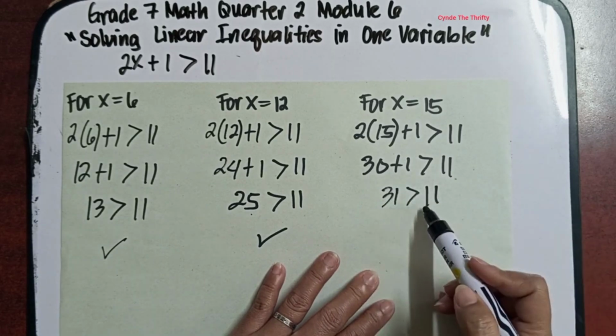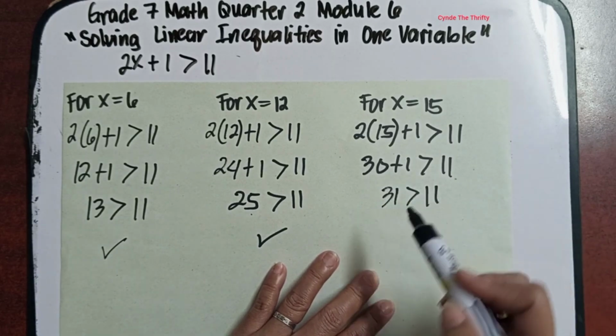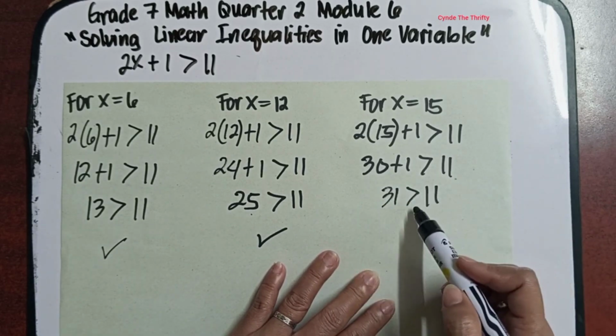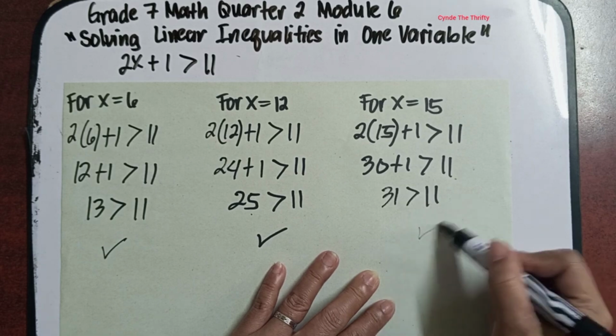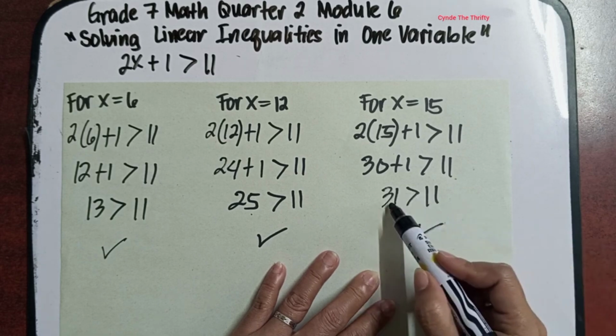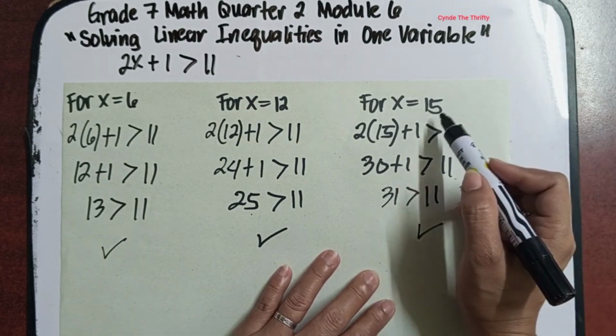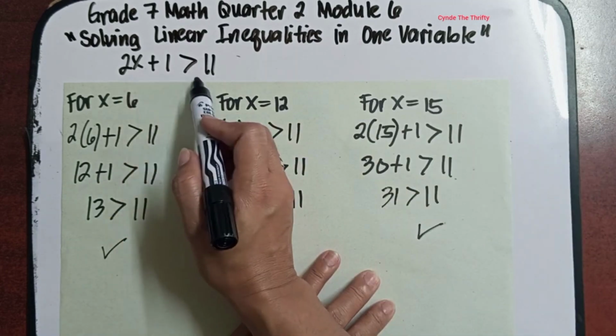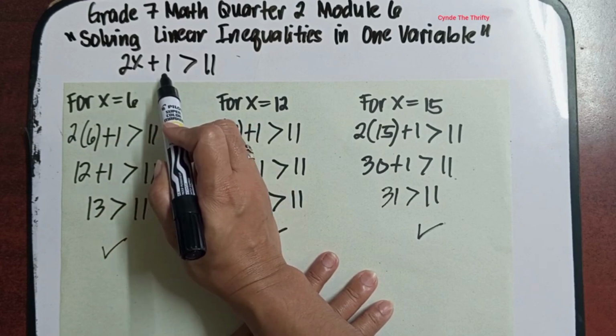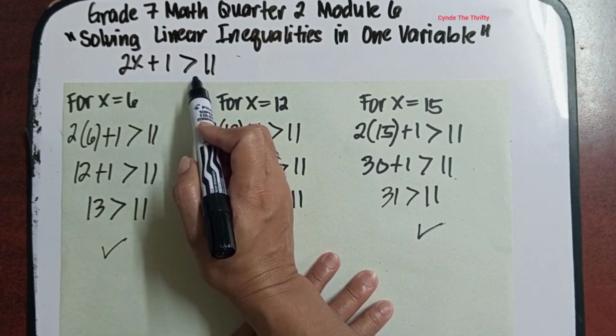Tama ba? Is this a true statement? Nga si 31 is greater than 11? Yes, kasi malaki talaga si 31 compare kay 11. So therefore, positive 15 is a solution to our linear inequality na 2x plus 1 is greater than 11.